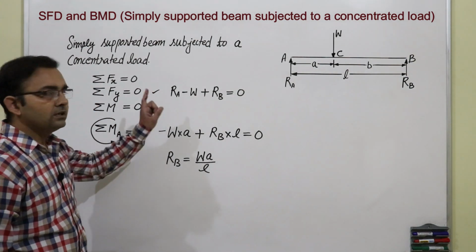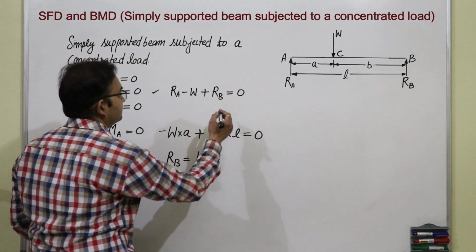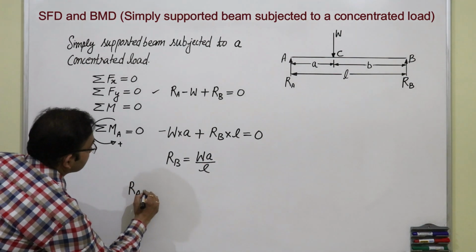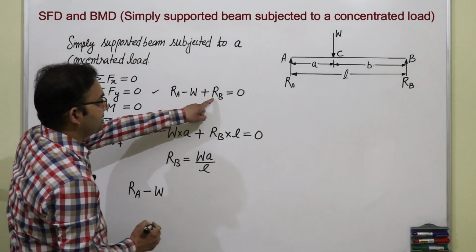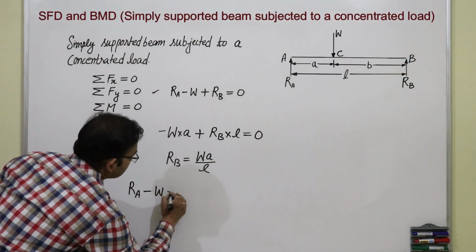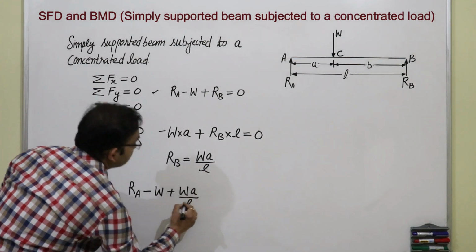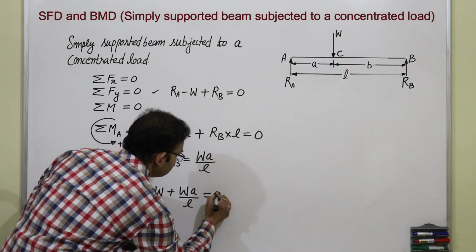Now we can find out RA. This is first equation, this is second equation. So RA minus W plus RB, whose value is Wa upon L, summation should be equal to 0.